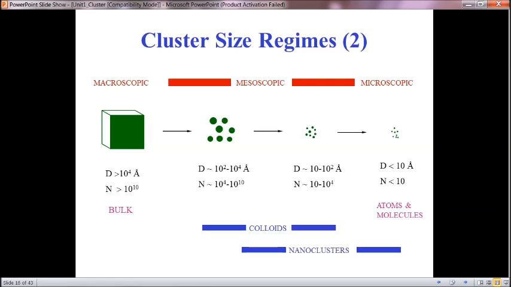And if the diameter is 10 to the power 2 Angstrom units and the number of particles is 10 to the power 4, a transition from colloid to nanocluster will be there, which is a mesoscopic one. And if the diameter is less than 10 Angstrom units and the number of particles is less than 10, then it constitutes atoms or molecules, which are called nanoclusters, and it will have a microscopic view.